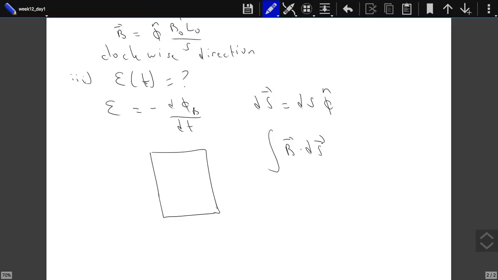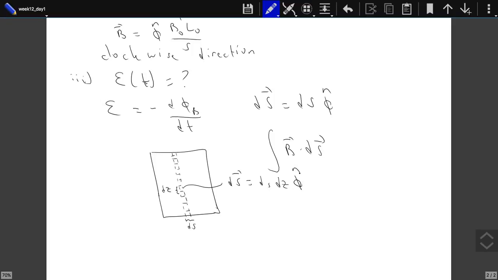We cannot just take B out of the integration. So for example, we can even divide it into very small rectangles. Just take one of them. The ds vector is nothing but ds times dz, because this length is our ds. Each one has a height dz.